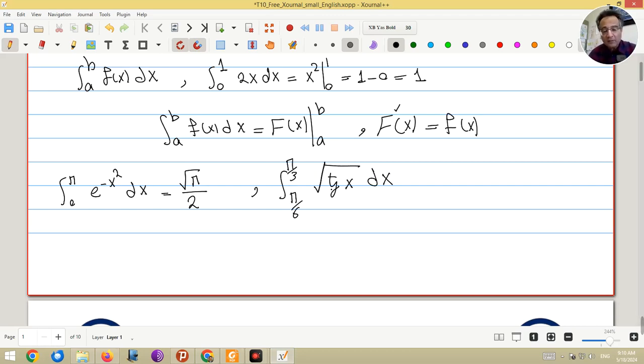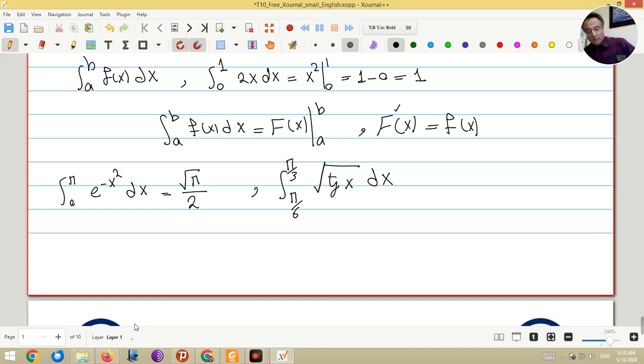We know that this integral can be computed, but it is very hard and difficult to compute using the fundamental theorem. But we know that we can compute this integral without finding big F of x. This is the main problem in this section.